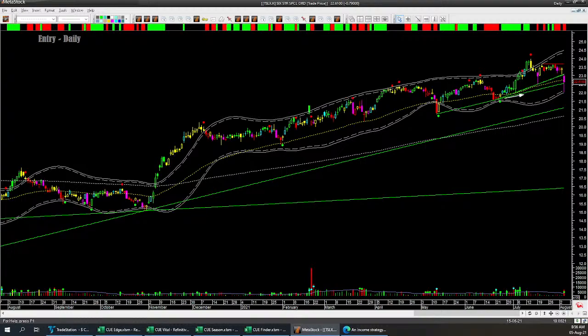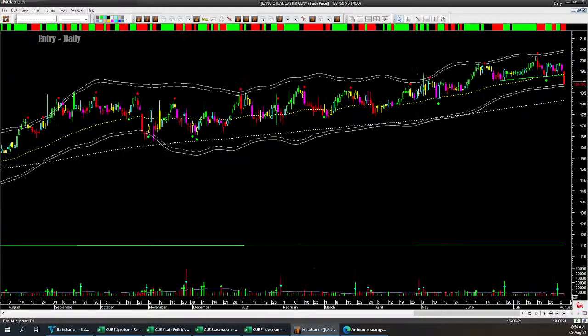TSLX broke down below trendline support but has a long lower tail, so it's not giving me a shorting opportunity. Close. LANC, this is looking better. It was moving sideways, had a trendline support, also support from the yellow direction line. It broke down decisively. Let's look at this using the 3 chart template.